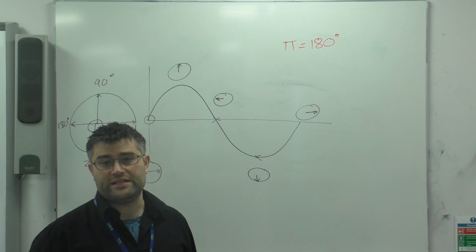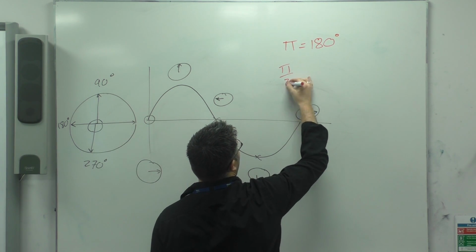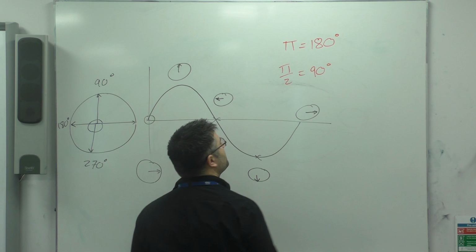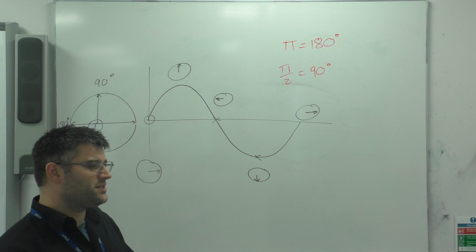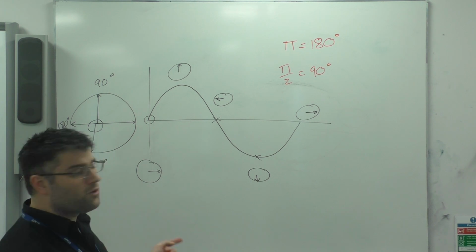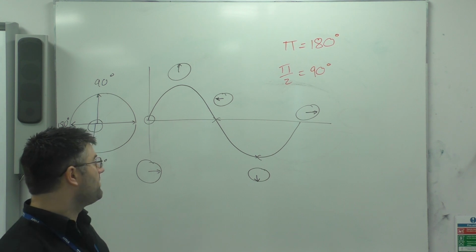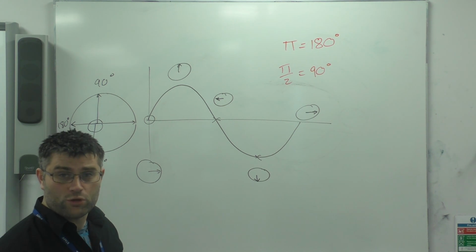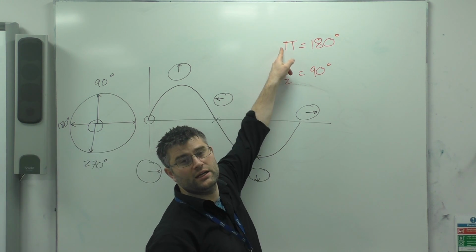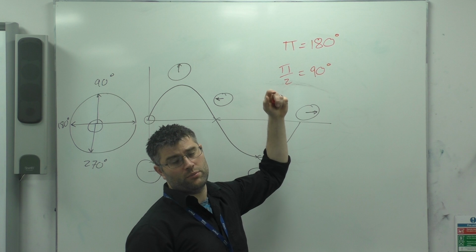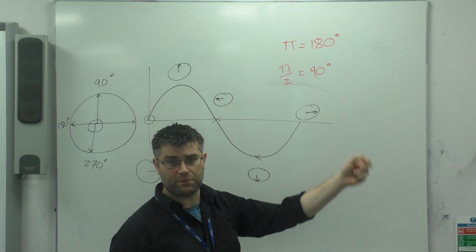So guess what 90 degrees is? Yeah, pi by 2. So pi divided by 2 is 90 degrees. What's 270 then? Well, it's 3/4 of the way round, and because we do it in proportions of pi, that's 1.5 pi.